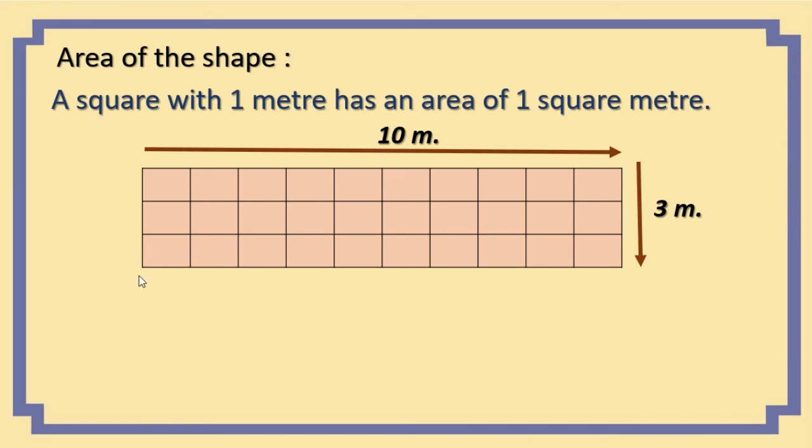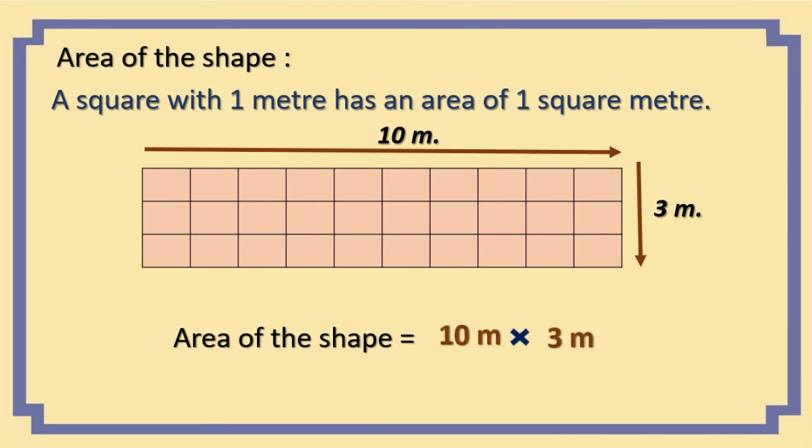So how will we count the area? Yes, area of the shape is equal to 10 multiplied by 3. 10 meter multiplied by 3 meter. Otherwise, if you want to count all the squares then you can count. Same answer you will get. That is nothing but 10 threes are, yes, how much? 30. The answer is 30 square meter.